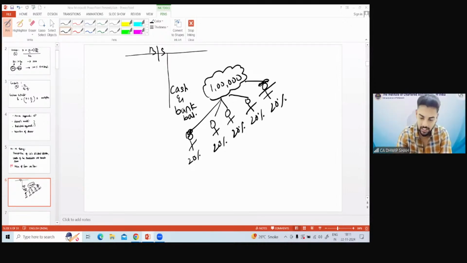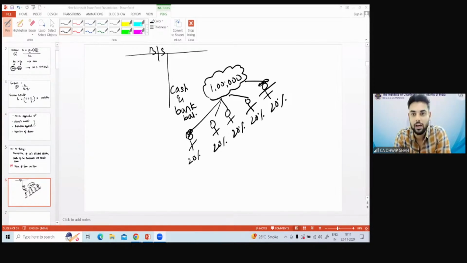Any query still here? So can I say the bank balance of 1 lakh is owned by the shareholders? They are the owners of this bank account up to the proportion of their shareholding. So they have the right on this bank account up to the proportion of their shareholding.